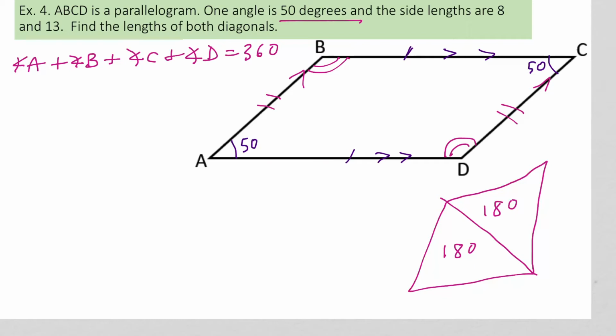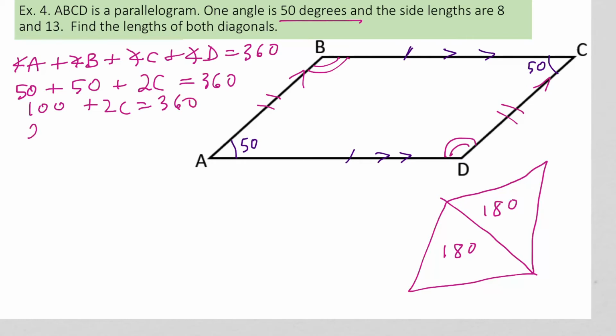We know that two of them are 50, and we know that C and D are the same size, so we can just call this 2 times either one of them. This is 100.